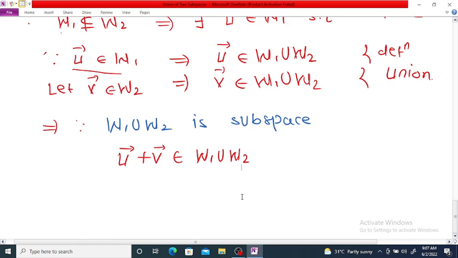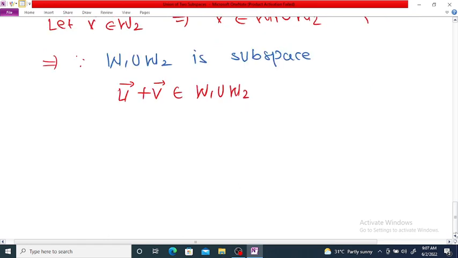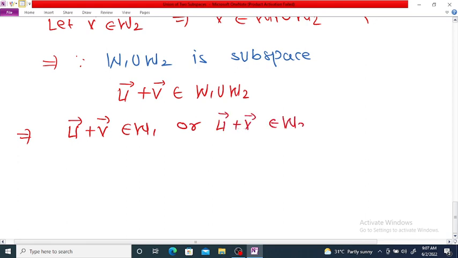So u bar plus v bar belongs to W1 or u bar plus v bar belongs to W2. But u bar plus v bar does not belong to W2.